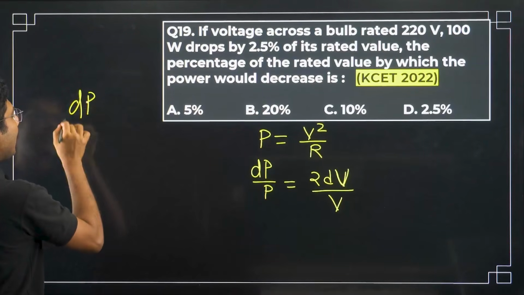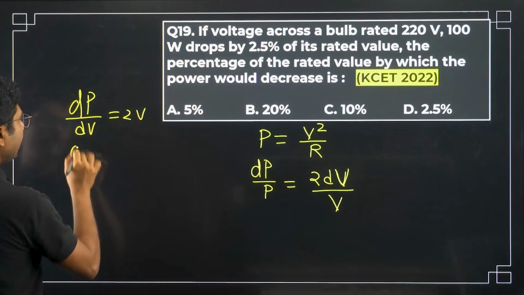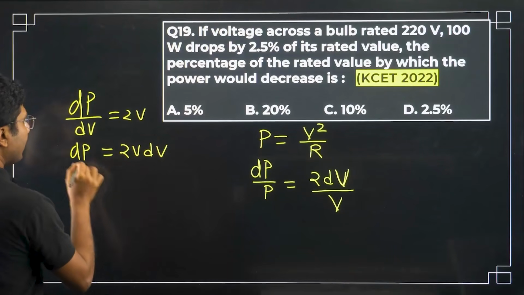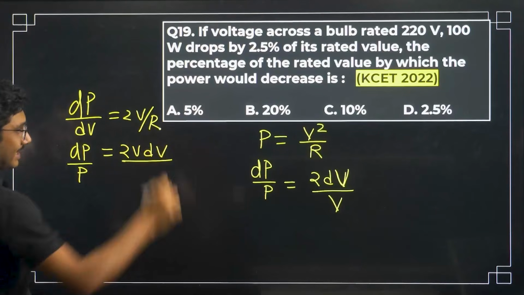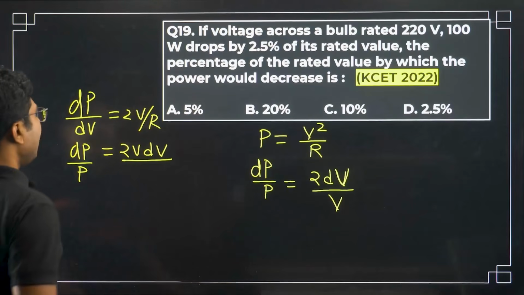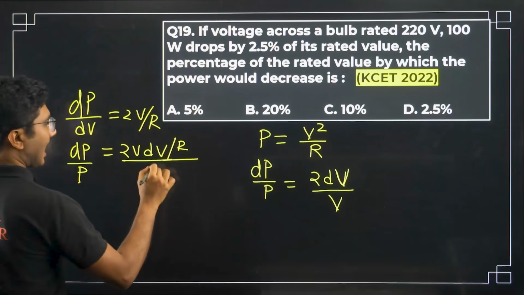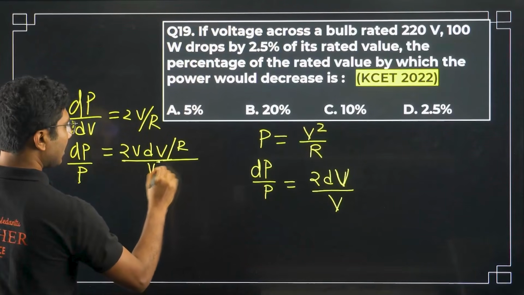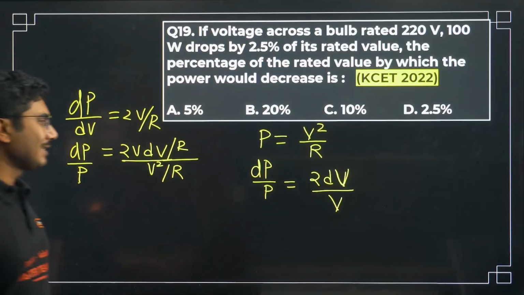Find dP by dV, which equals 2V over R. So dP equals 2V by R dV. Now divide both sides by P, and on the right hand side instead of writing P you write the value of P, that is V square by R, and if you do that you will get exactly this equation.